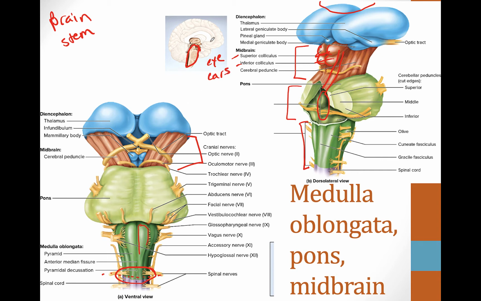And together, all 4 of these are often called the corpora quadrigemina. So corpora means body, quad means 4, gem means like beginning. So if you see this term corpora quadrigemina, it's referring to the superior colliculus plus the inferior colliculus.